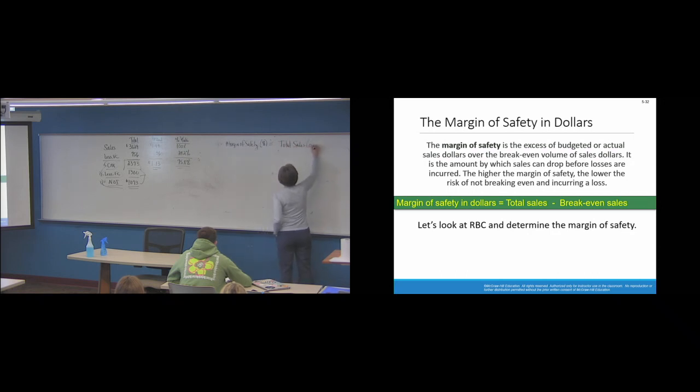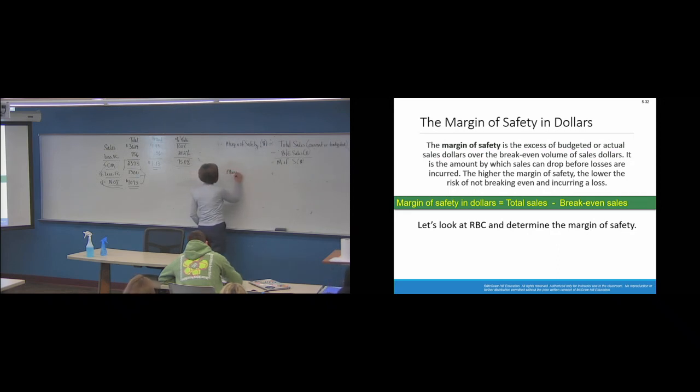So that's either current sales, or if you're trying to project, it could be a budgeted amount, minus break-even sales. And that's dollars. So that gives you your margin of safety in dollars. You do the same thing with units: margin of safety in units.